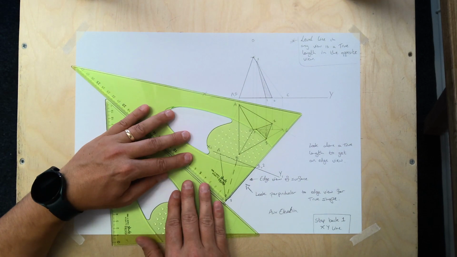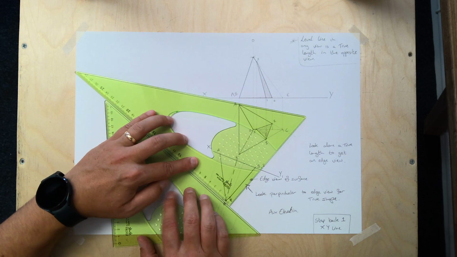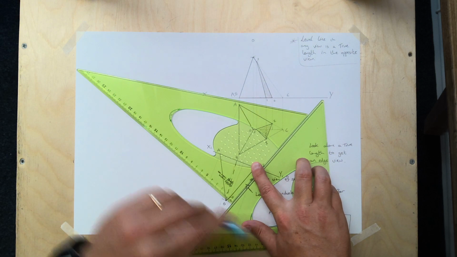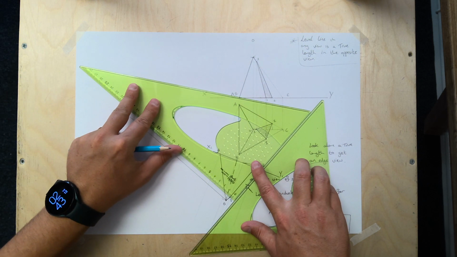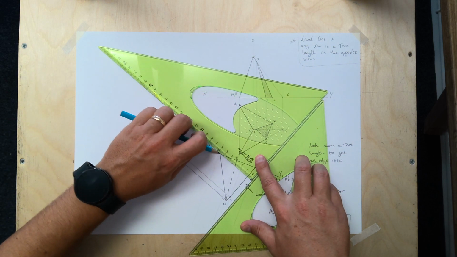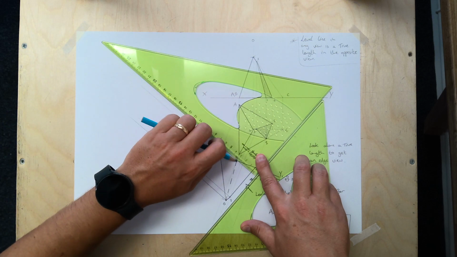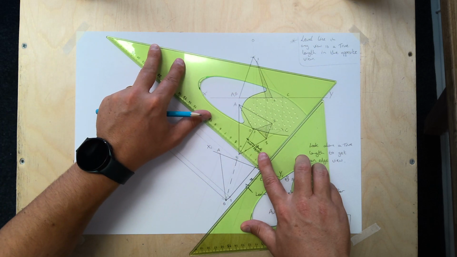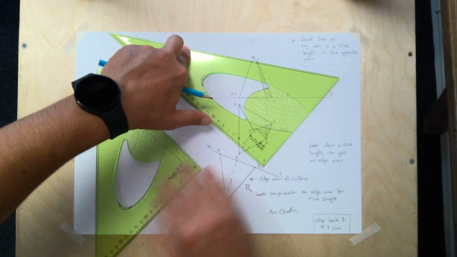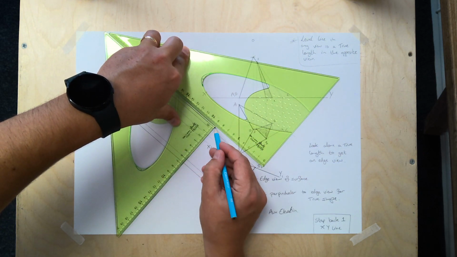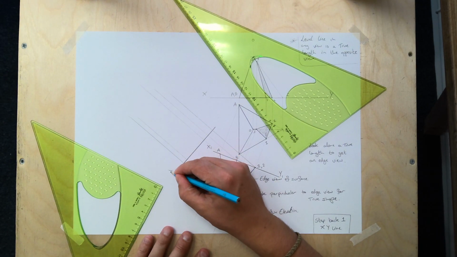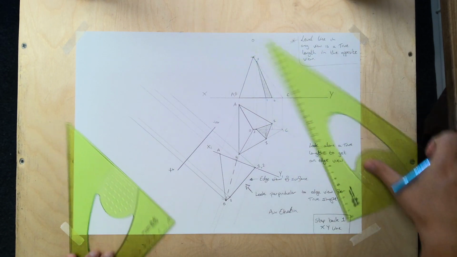Here's our edge view. Step back a little bit. Now we'll send it on. Won't forget O this time. So new XY lines. The last one was X1, Y1. This is an X2, Y2.